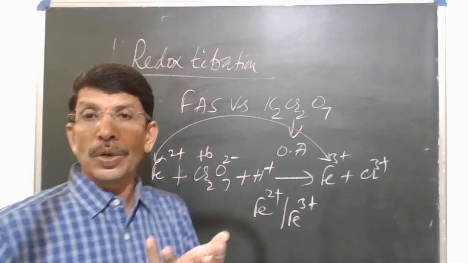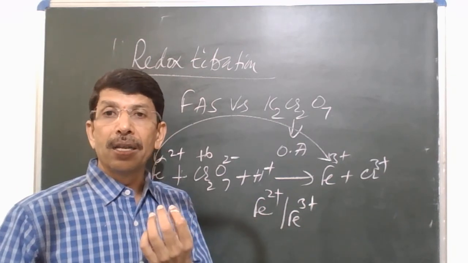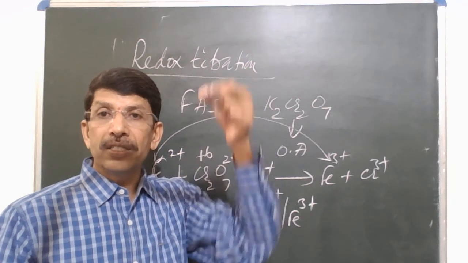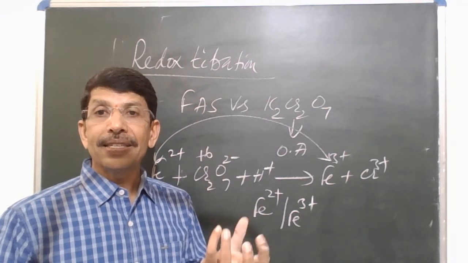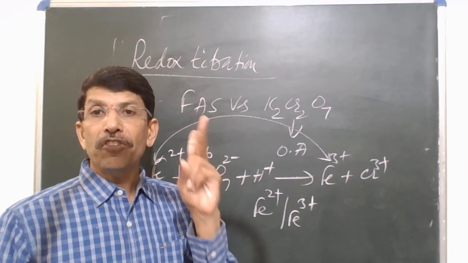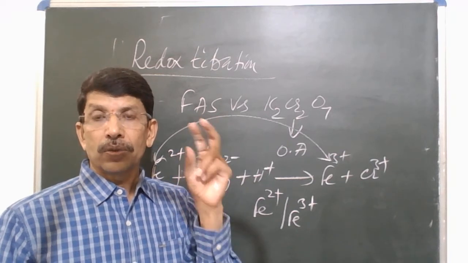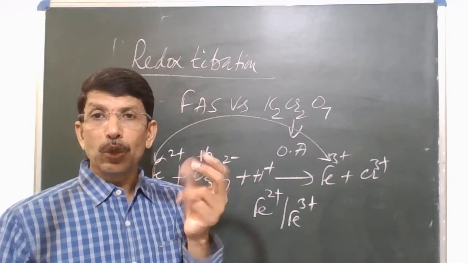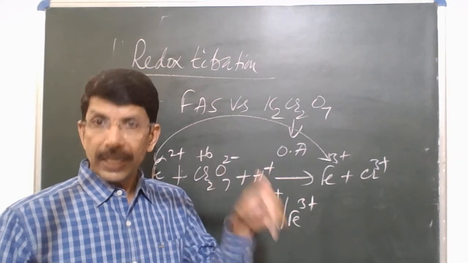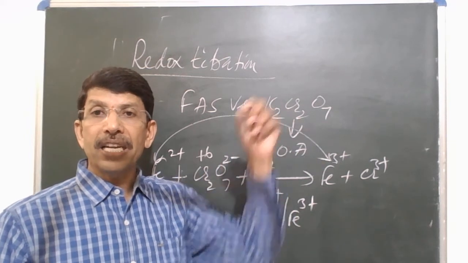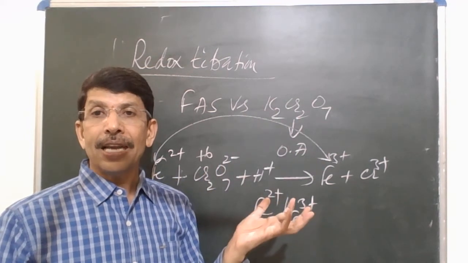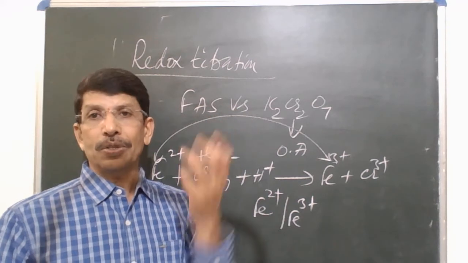What is a redox electrode? A redox electrode is one wherein a platinum electrode is dipped into a solution which contains the same ion in two different oxidation states. By dipping a platinum electrode into such a solution, it acts as a redox electrode.